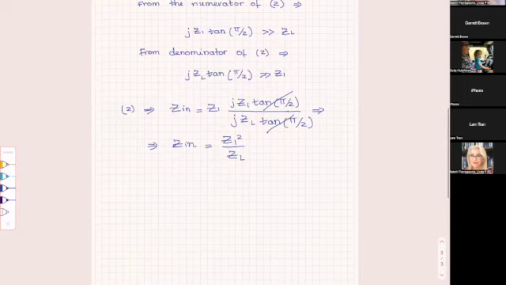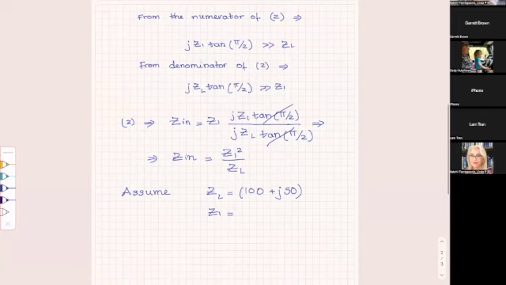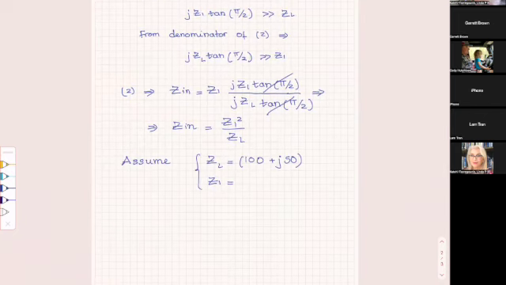Let's assume that ZL equals 50 plus j50, for example, and Z1, in fact, let me change this one, make that 100, and assume Z1 is 50, and these are ohms.